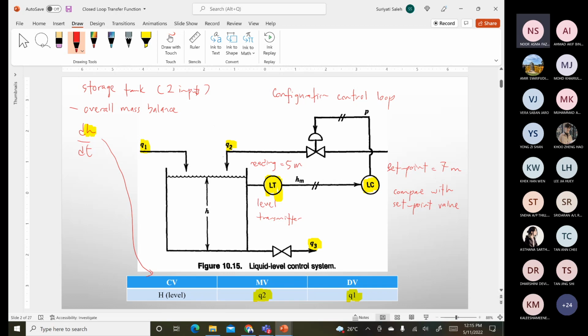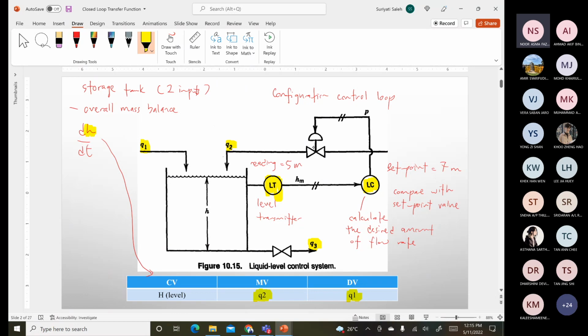So the controller will calculate the desired amount of flow rate needed to achieve the given set point. Once it has finished the calculation, you will send the information to the control valve.